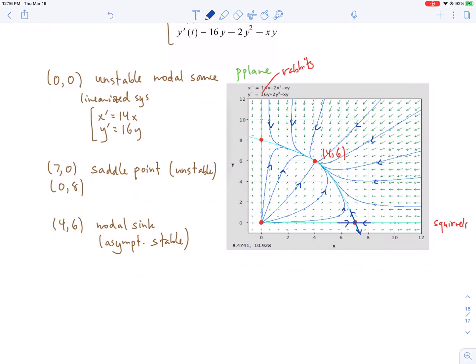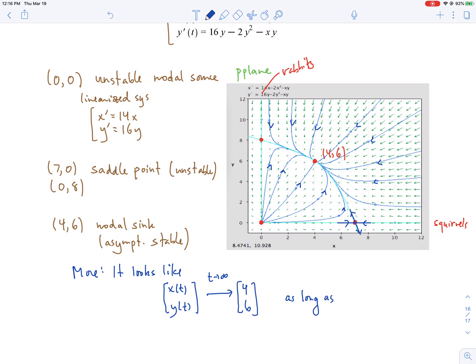So it looks like x of t, y of t converges as t goes to infinity to 4, 6, as long as we start out with some of each. So x naught is positive and y naught is positive. And in fact, that's true.